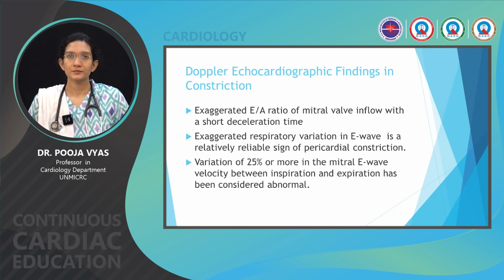There are other echocardiographic findings, like Doppler findings in constriction: an exaggerated E by A ratio of the mitral valve inflow with a short deceleration time. Exaggerated respiratory variation in the E wave is a reliable sign, and variation of more than 25% in the mitral valve E wave velocity between inspiration and expiration is considered abnormal.